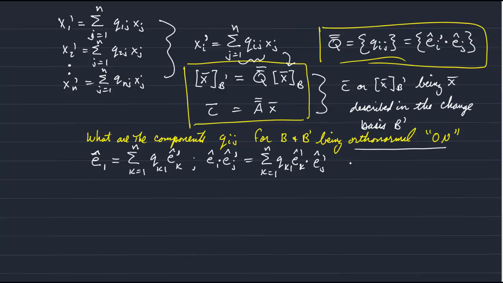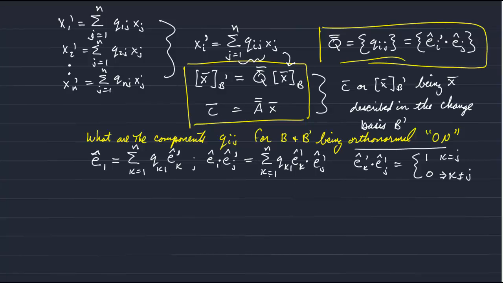And remember that these are orthonormal vectors, so the dot product of E hat k with E hat prime j is equal to 1 when k is equal to j, and 0 when k is not equal to j.